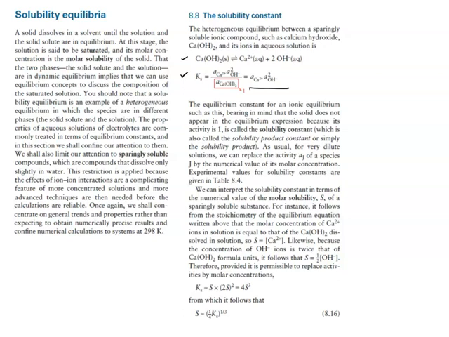Likewise, because the concentration of hydroxide is twice that of the calcium hydroxide formula units, it follows that S would equal 1/2 the concentration of hydroxide anions. Therefore, provided it's permissible to replace activities by molar concentrations, Ks would approximately equal 4S cubed, from which it would follow that S would equal the cube root of Ks over 4.